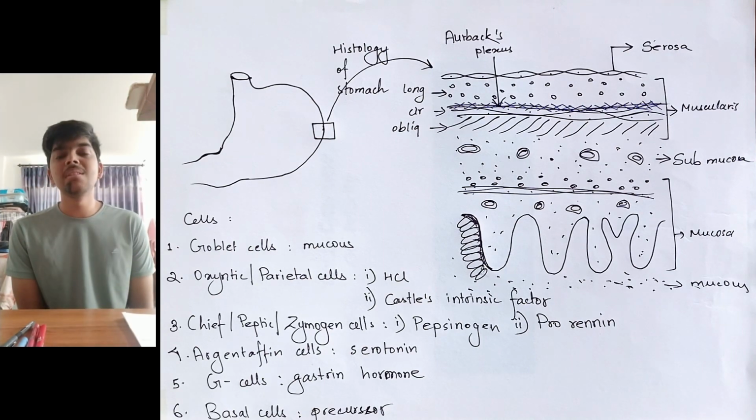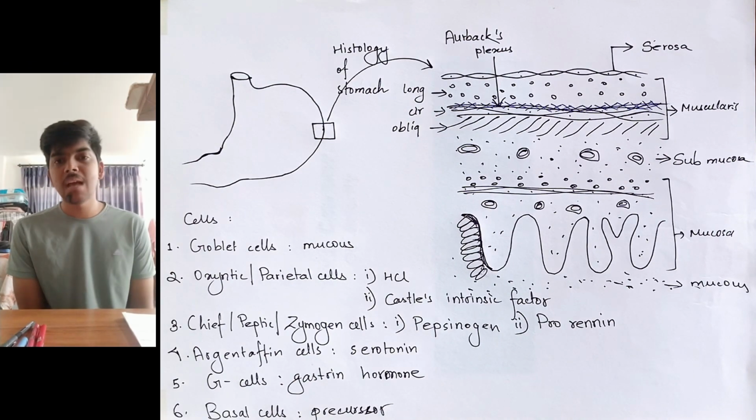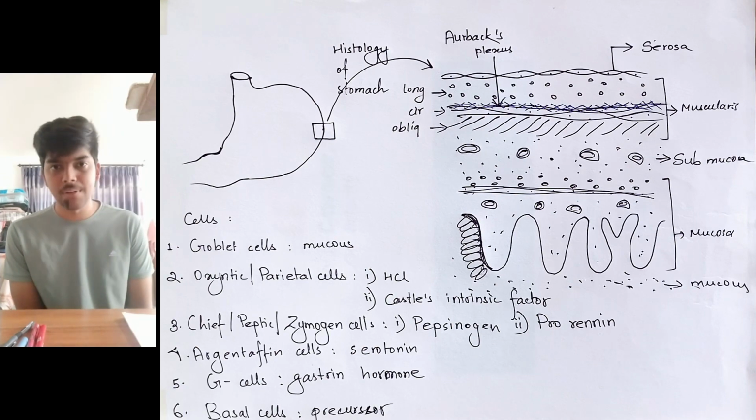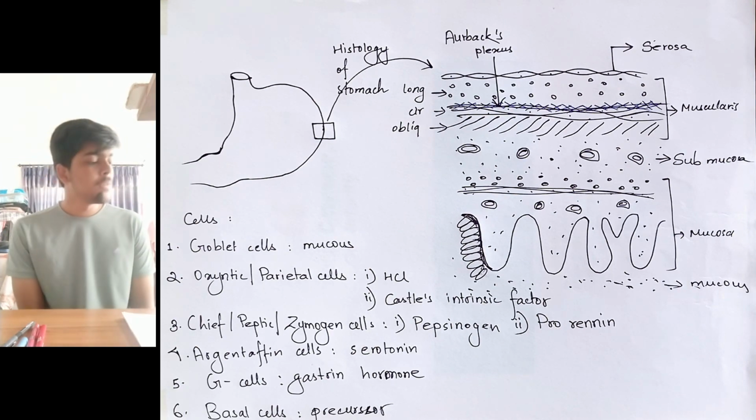Number four are your chief cells or zymogen cells or peptic cells. They secrete pepsinogen and prorenin, which are inactive proteolytic enzymes. Pepsinogen is responsible for the digestion of proteins in general, and prorenin is responsible for the digestion of milk protein in infants. Then enterochromaffin cells that secrete serotonin.